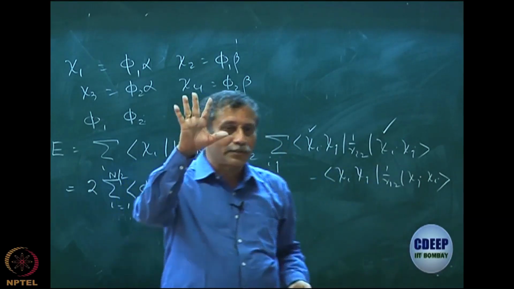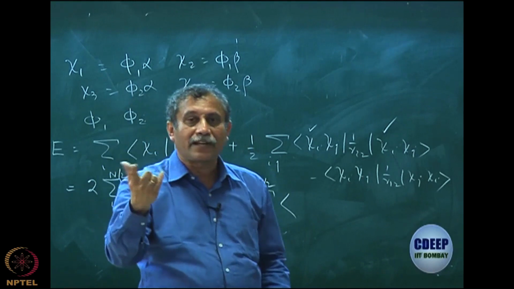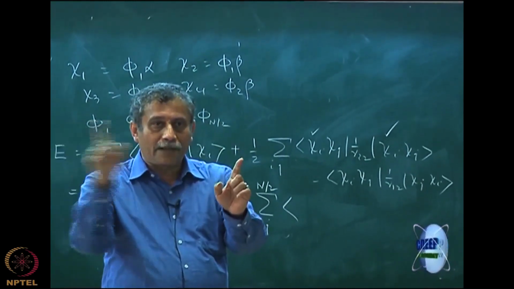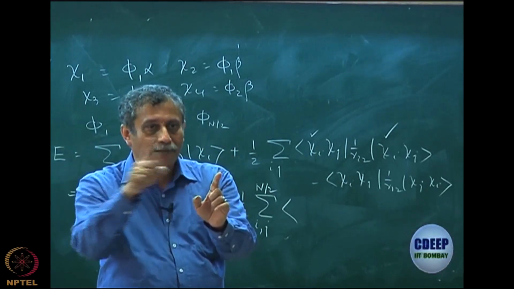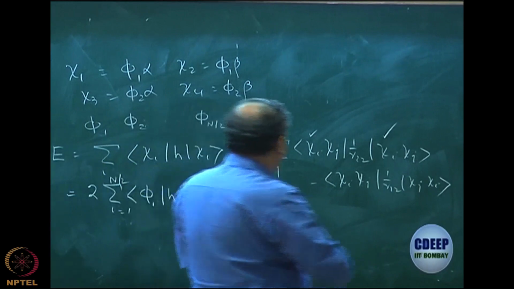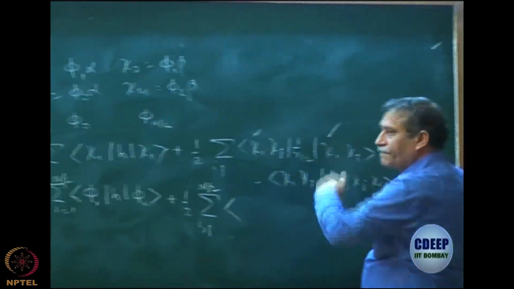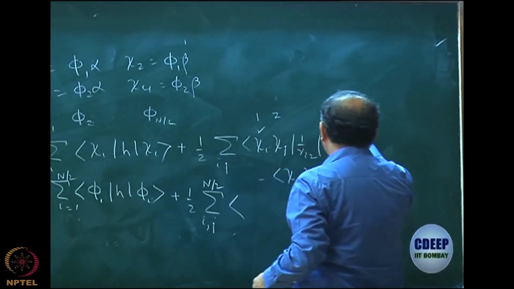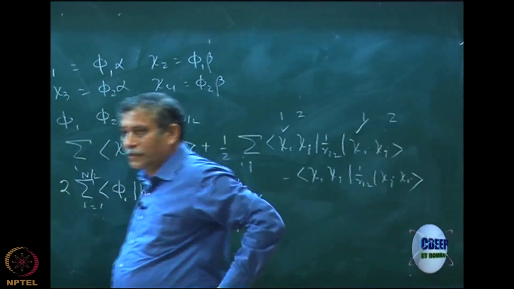So 4 combinations will survive. Each of them can be alpha and beta independently. So alpha alpha alpha alpha, alpha beta alpha beta, beta alpha beta alpha, beta beta beta beta. Is it clear? All will survive because the integrations are taking place like this. Again, remember, it's all Dirac integrations. In terms of coordinates of electron, it's 1 2 1 2.